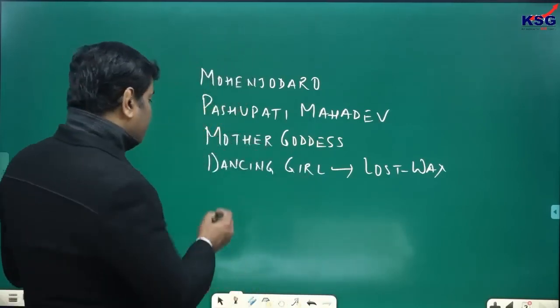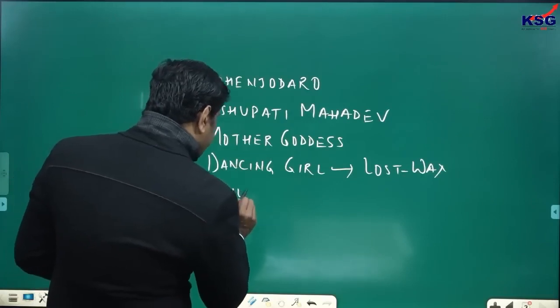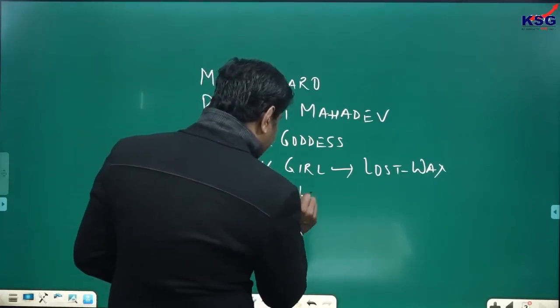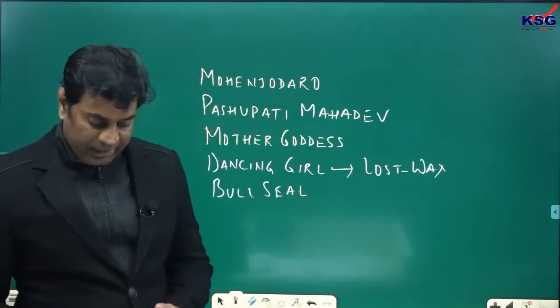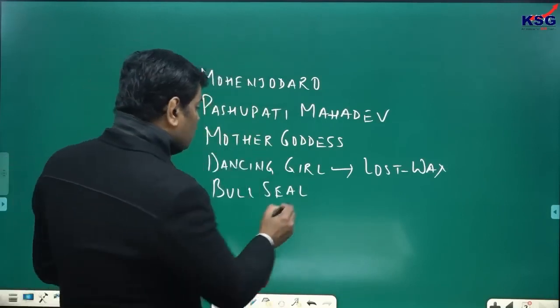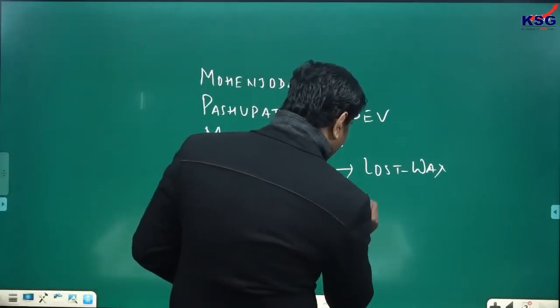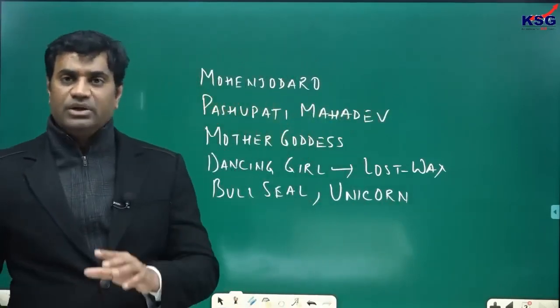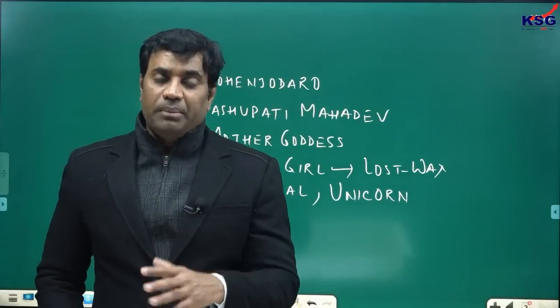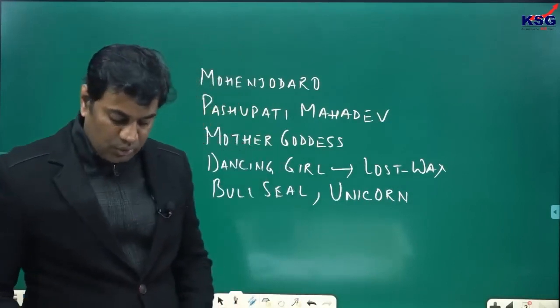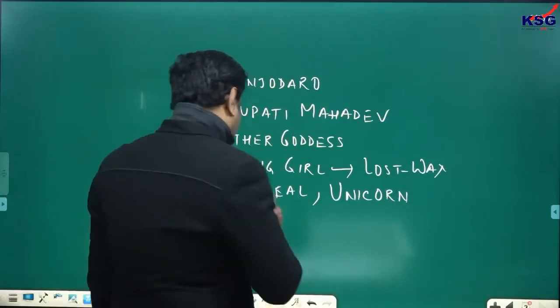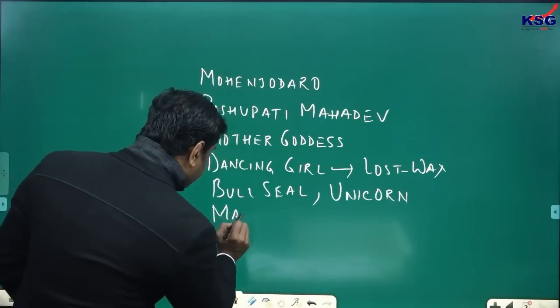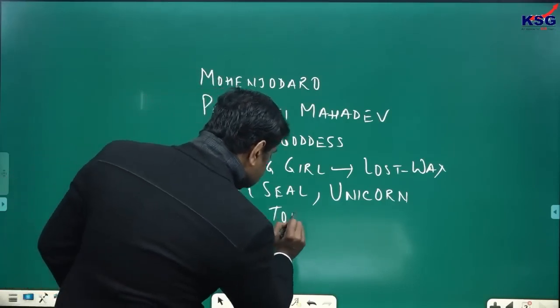Then we have a large number of bull seals which have been found from this civilization. In fact, we have some unicorn seals also which have been found. Unicorn basically indicates a one-horned animal. It was a mythological animal, but it has been found in the seals known as unicorn bull. At the same time, we have found some male torsos.